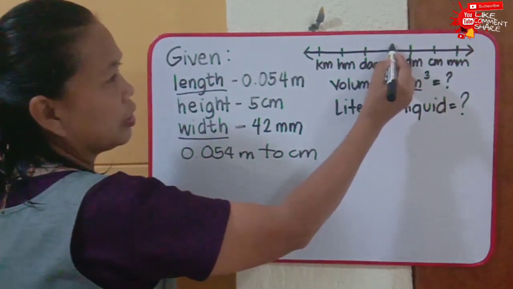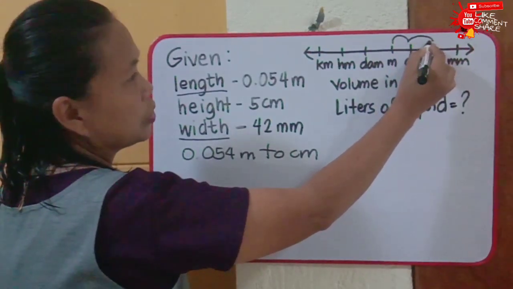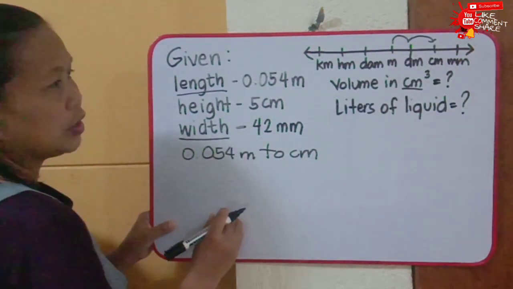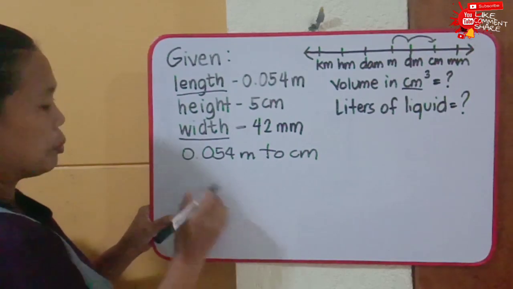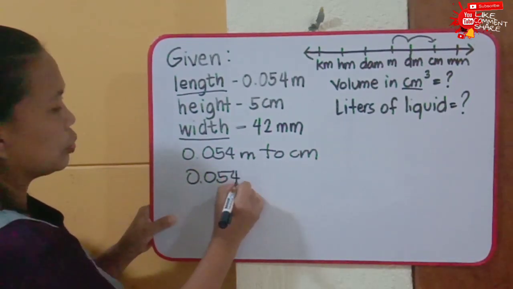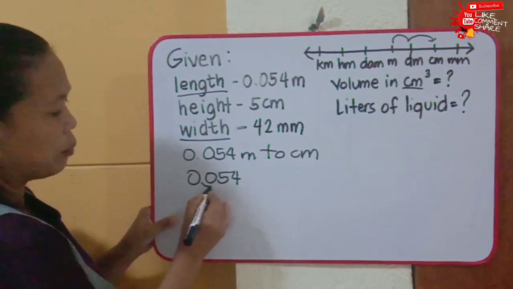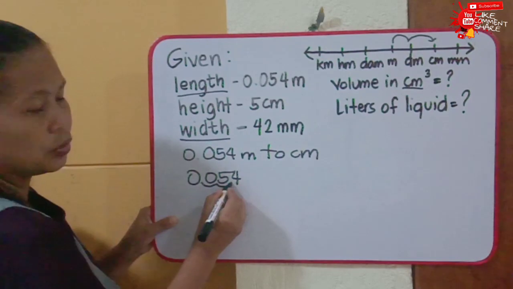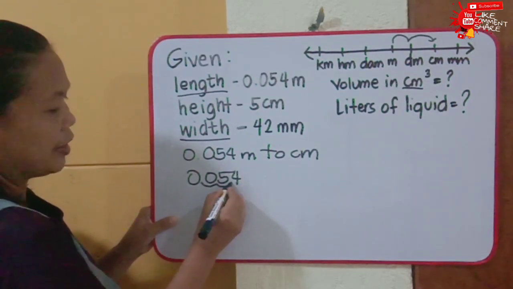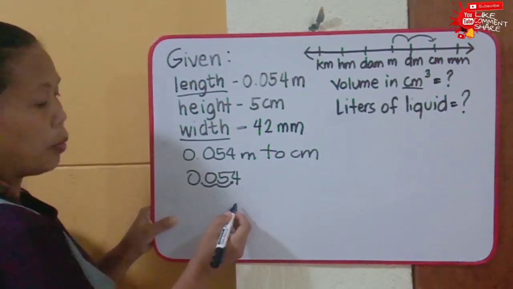We have meter, 1, 2. So we have 2 spaces to the right, so we will move the decimal point 2 spaces to the right. This will be the new location of the decimal point.